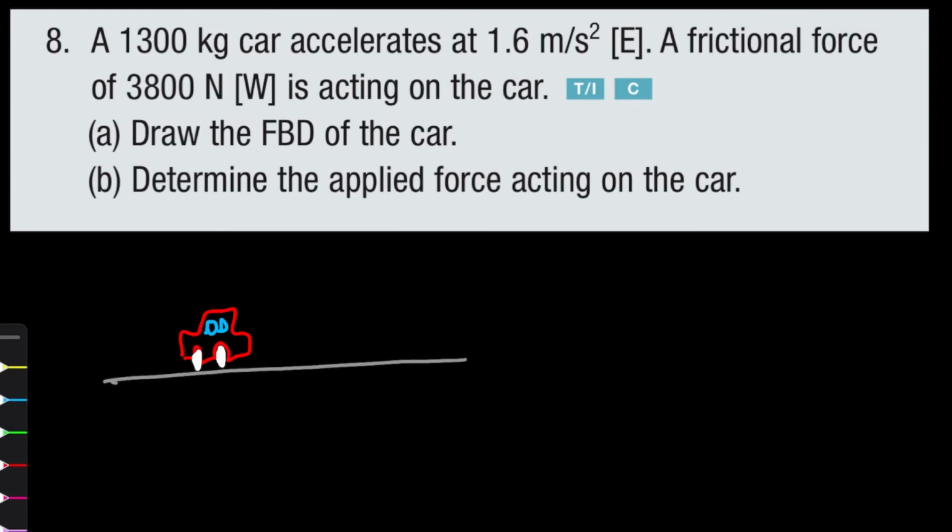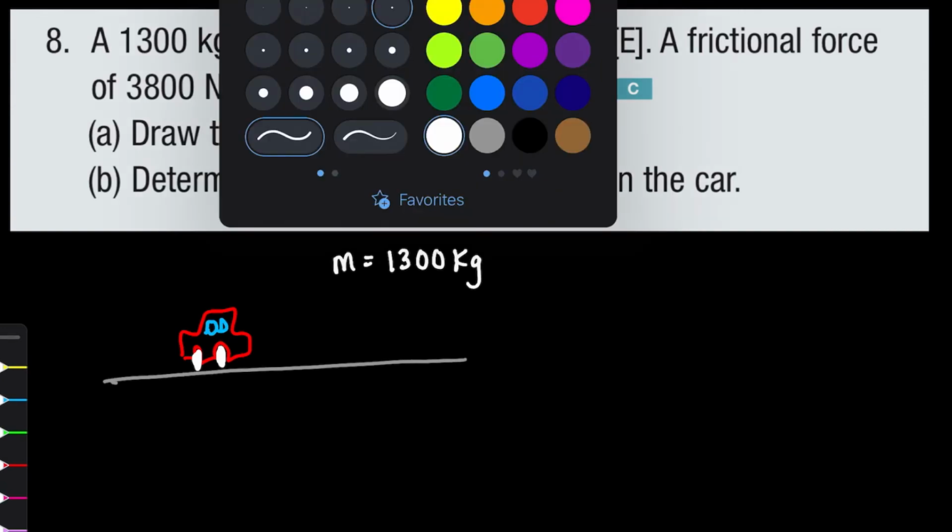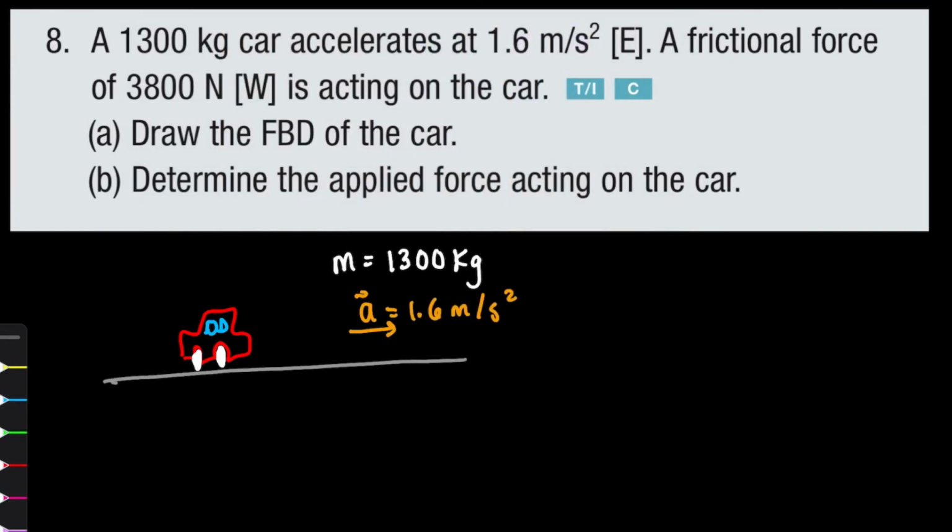And what we are given from this is the mass of the car. It's 1,300 kilograms. And the acceleration that they gave us is 1.6 meters per second squared towards the east. We're going to take the east direction to be positive, so we could just write the acceleration vector as 1.6 meters per second squared.